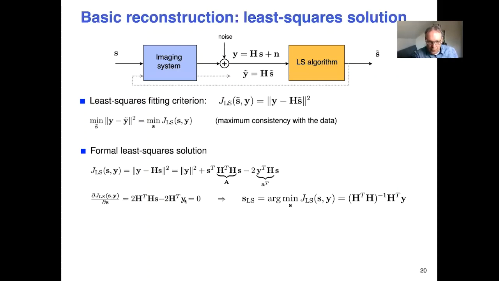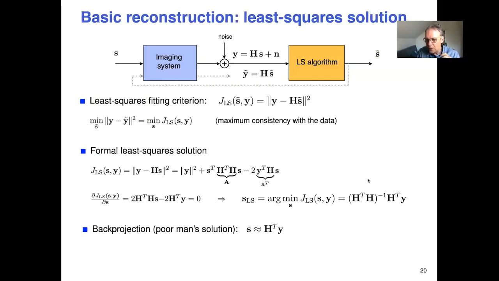If I equate that to 0 and solve it, I find that the least squares solution is this. And this is like the pseudo-inverse. At the beginning of my talk, I was telling you of the poor man's solution. The poor man's solution is called the back projection, which is just taking the transpose of the system matrix H, so it's sort of doing the reverse of the acquisition.